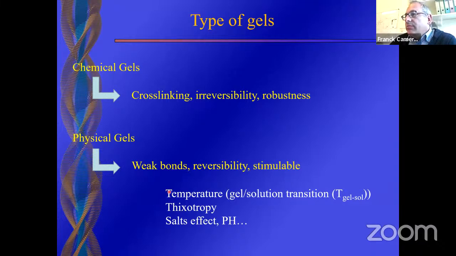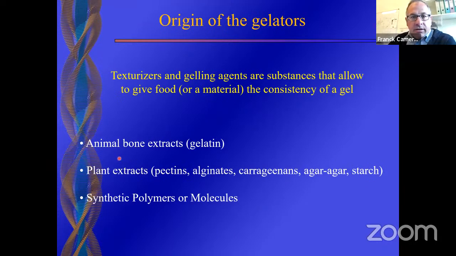These gels can be stimulated with temperature, by mechanical constraints, and also by some other stimulus such as salt effect or pH. What we call gelators, or more precisely gelling agents, are substances which give food or material the consistency of a gel.